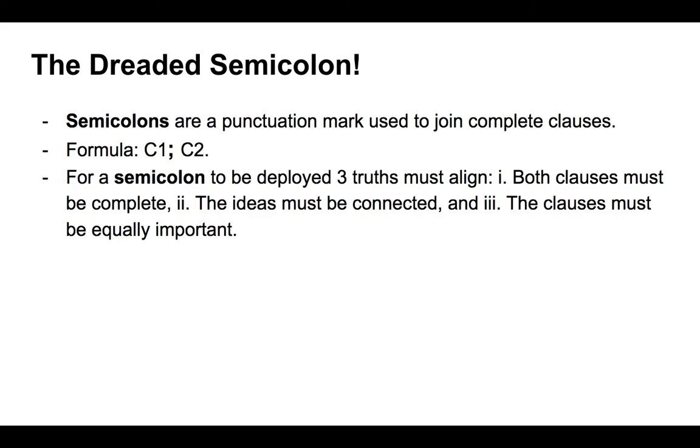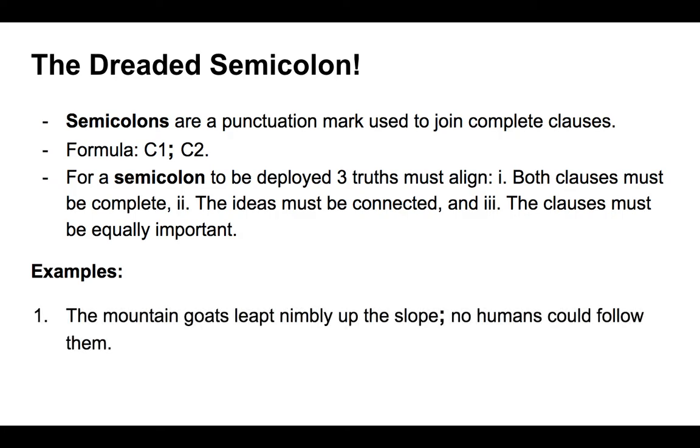So as the writer, you're making a choice here when you're using the semicolon. By using it, you're saying, hey, these two clauses, these two sentences that I'm marrying together with a semicolon, are equal in importance. So let's take a look. The mountain goats leapt nimbly up the slope, semicolon, no humans could follow them.